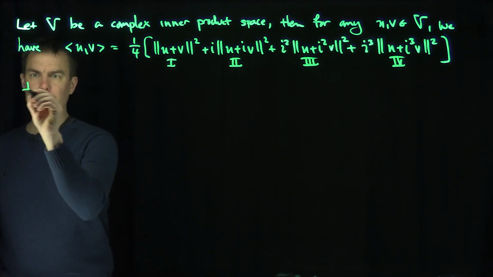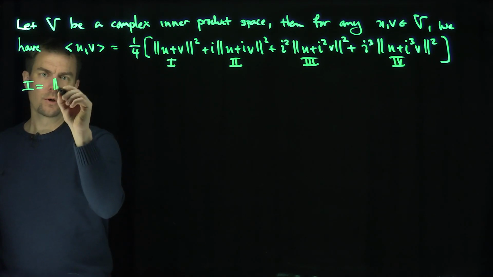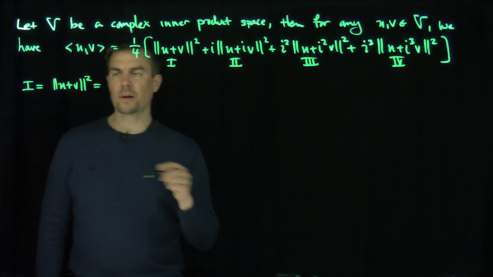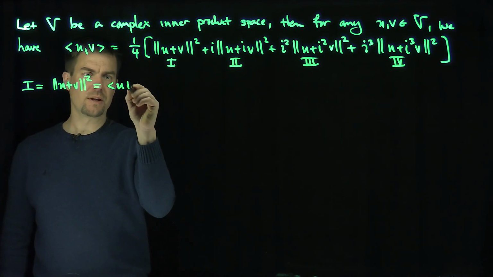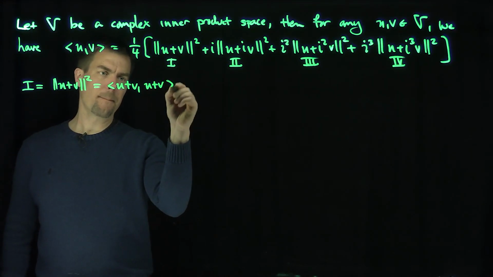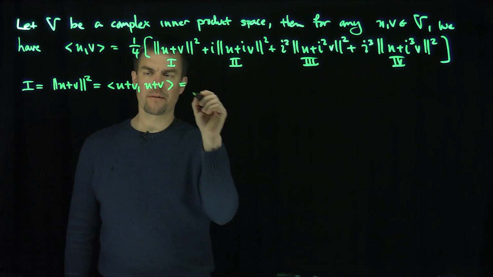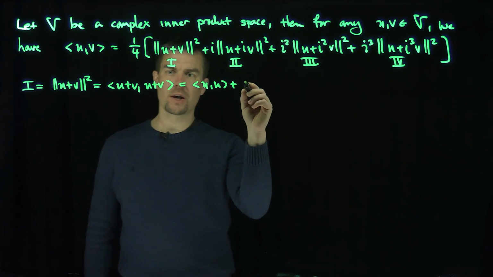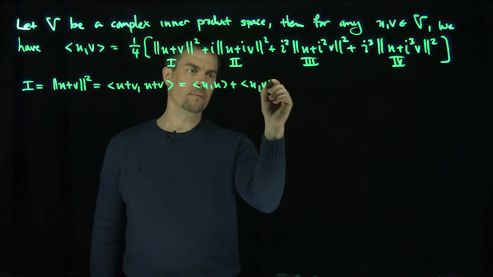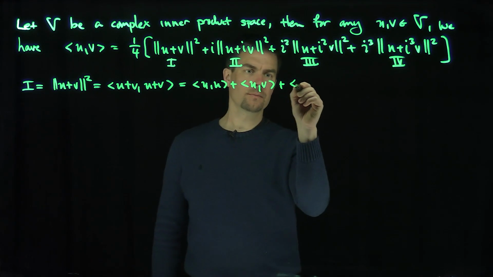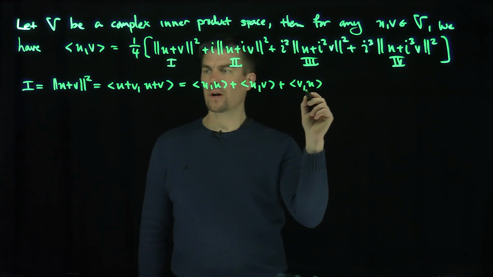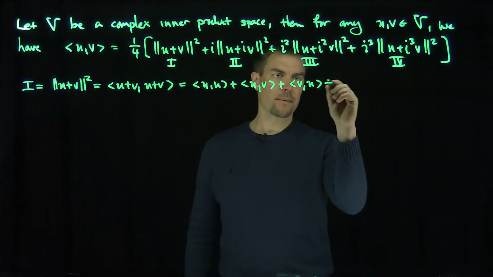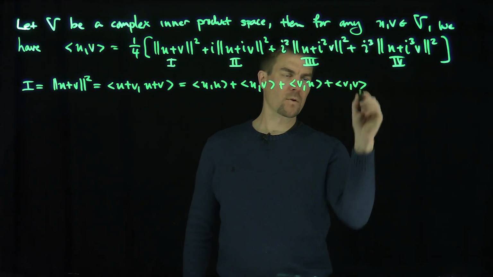1 is equal to the norm squared of U plus V, which is going to be the inner product of U plus V with U plus V. If I distribute this out, it's going to be a UU plus a UV plus a VU plus a VV.